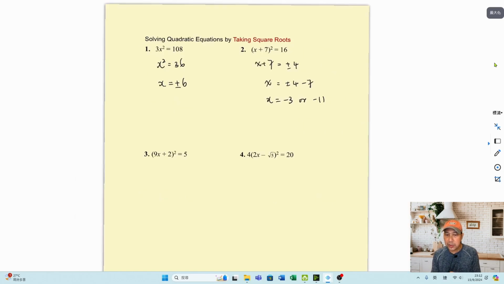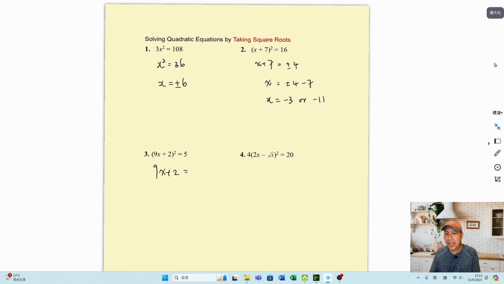In question number 3, the left hand side is something squared equal to 5. Whenever there is something squared, you can simply take the square root and take away the 2 in the corner. So take the square root, 9x plus 2.